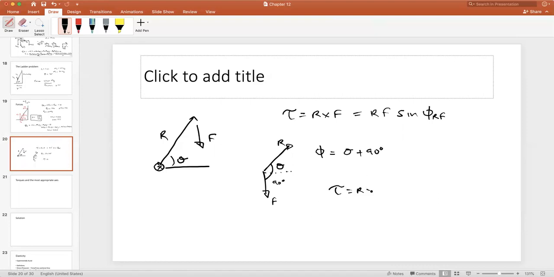This is R cross F, which is rF sine of theta plus 90 degrees. But that's cosine, right? This is rF cosine of theta, okay?